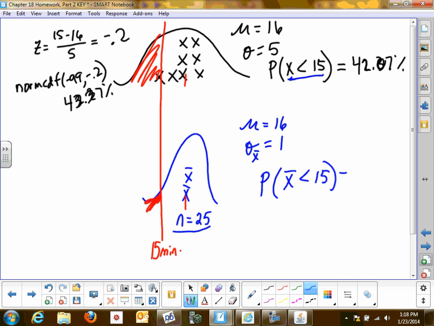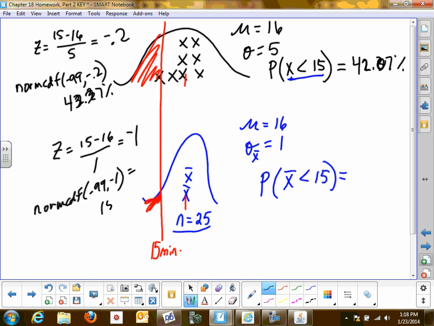And let's see what that becomes. So we're going to z-score that. Different standard deviation. So my z-score is negative 1. So I'm going to norm CDF that from negative 99 up to negative 1, and I'm getting 15.86%.